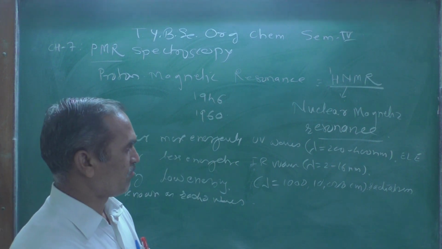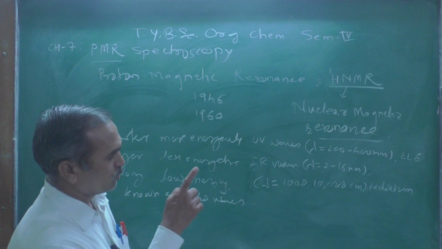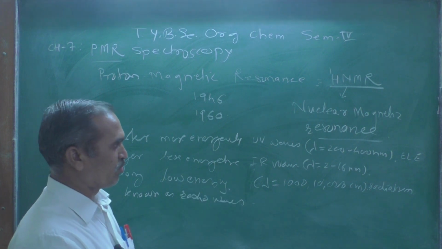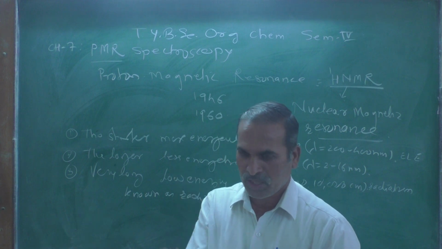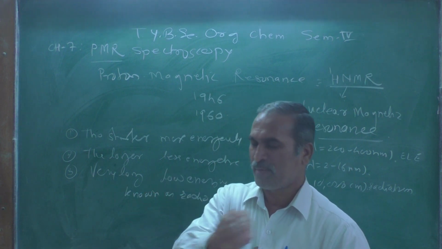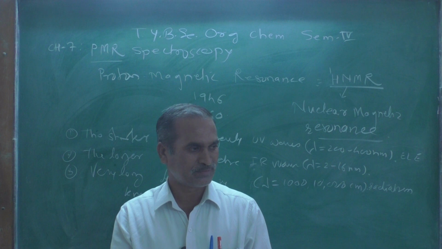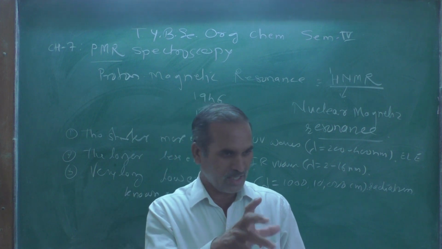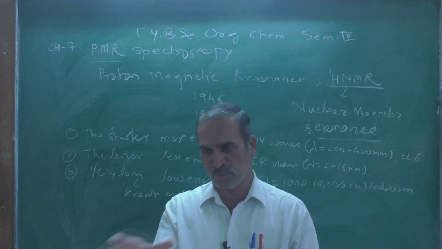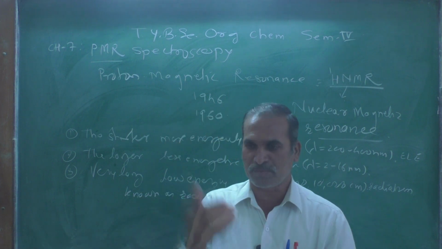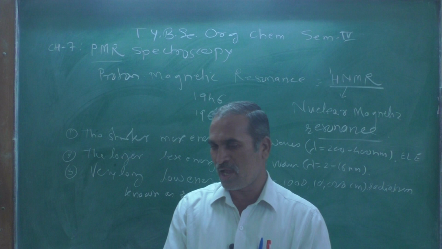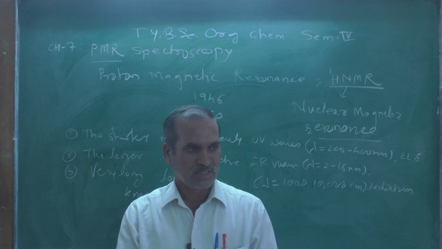The wavelength given is 200 to 1600 nanometer, and it generates rotational vibrational excitations. Generally, mechanical oscillation is generated when IR radiation is absorbed by the organic molecule.